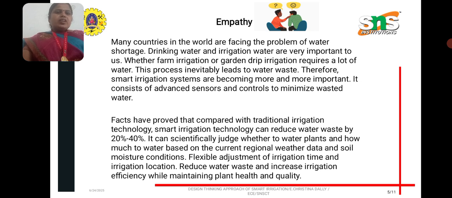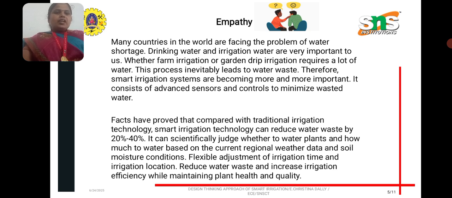So it is very important, and if it leads to water waste, smart irrigation systems become very important. We have implemented some advanced sensors to control and minimize wasted water.